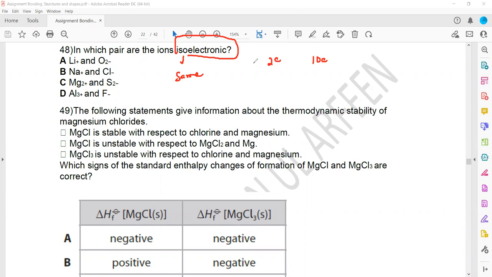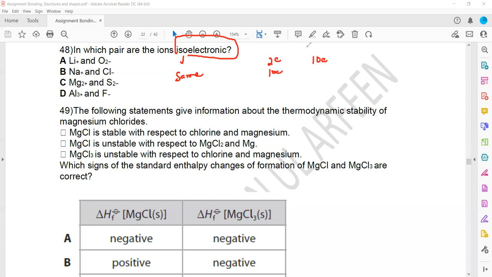Same thing for sodium chloride, NaCl. Sodium has 11 protons and 11 electrons, but it lost one, so it will have 10 electrons.